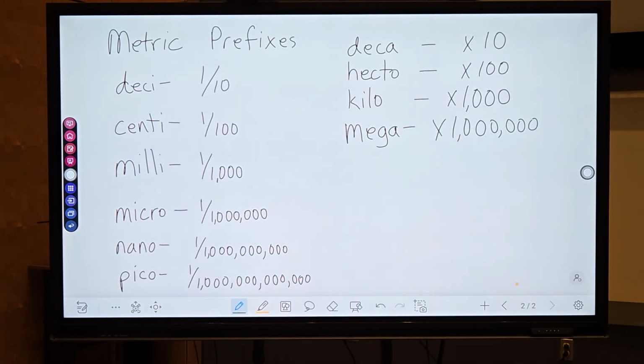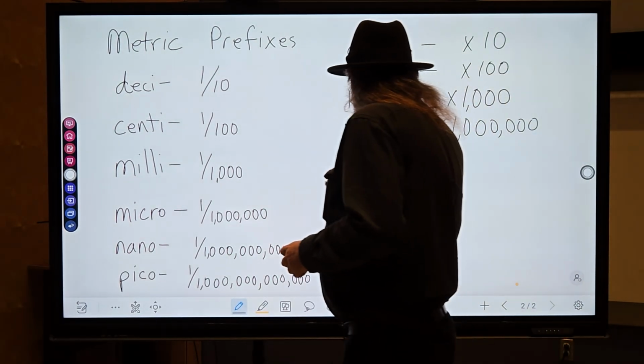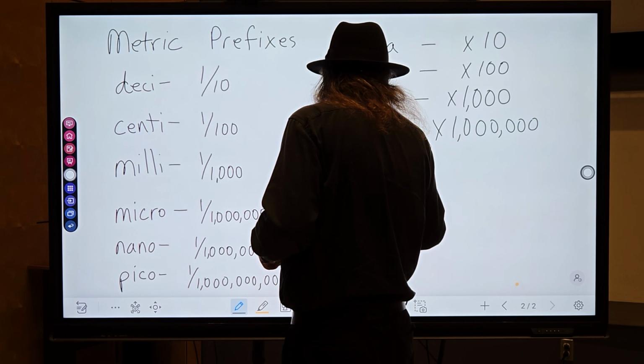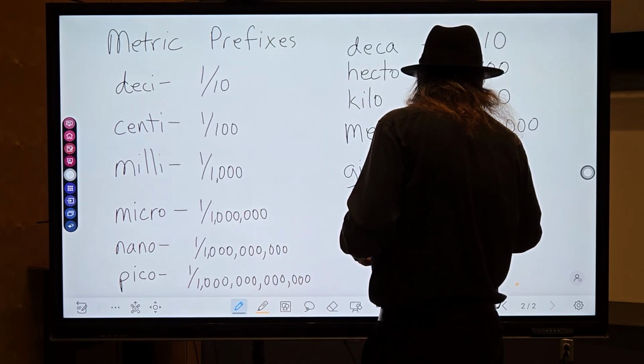The measurement of large atomic weapons is in megatons of TNT equivalent. So 1 million tons of TNT going kablooey is the equivalent of a nuclear explosion. Giga, times 1 billion.